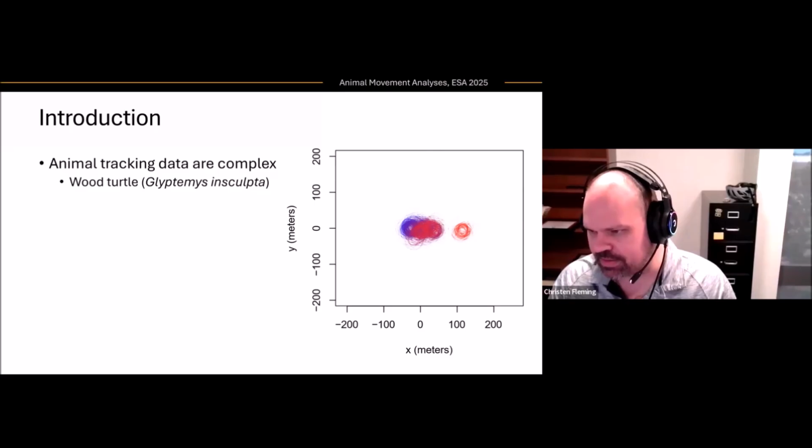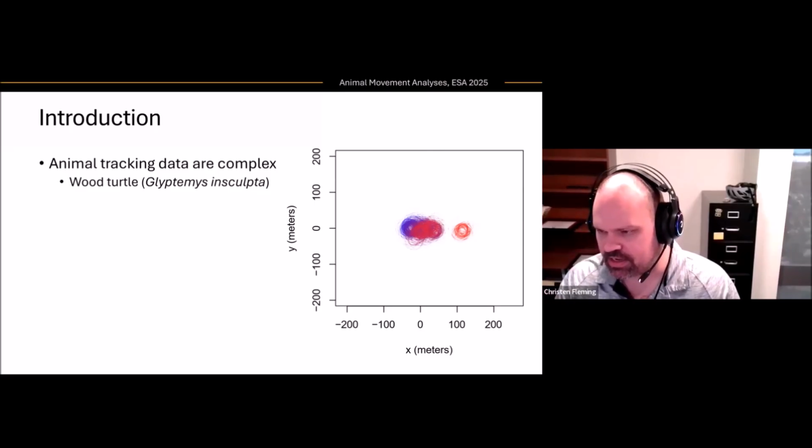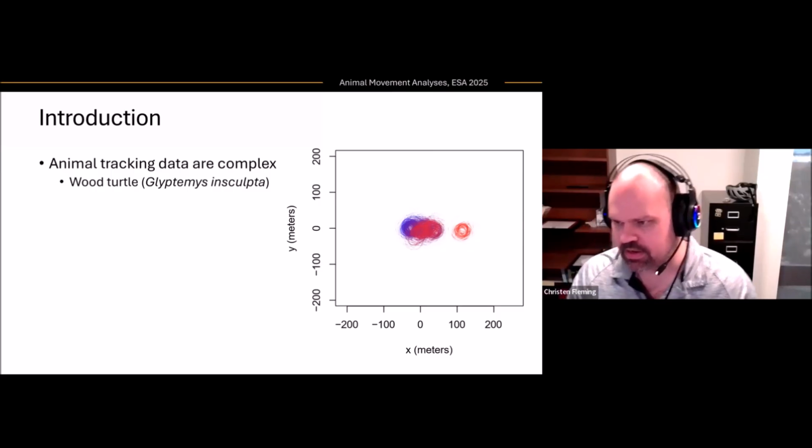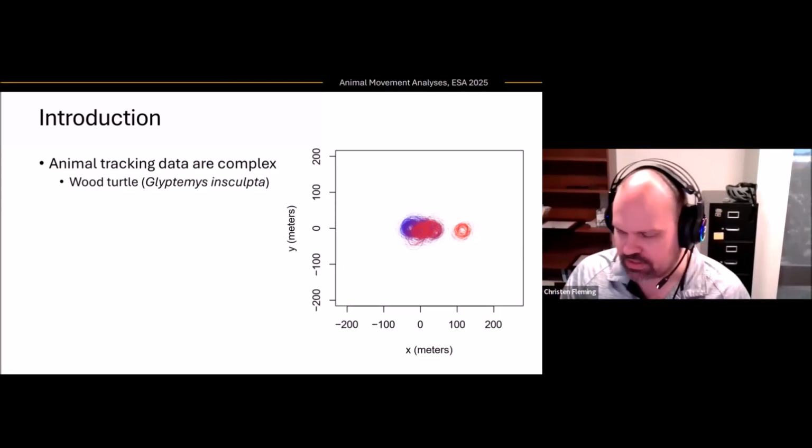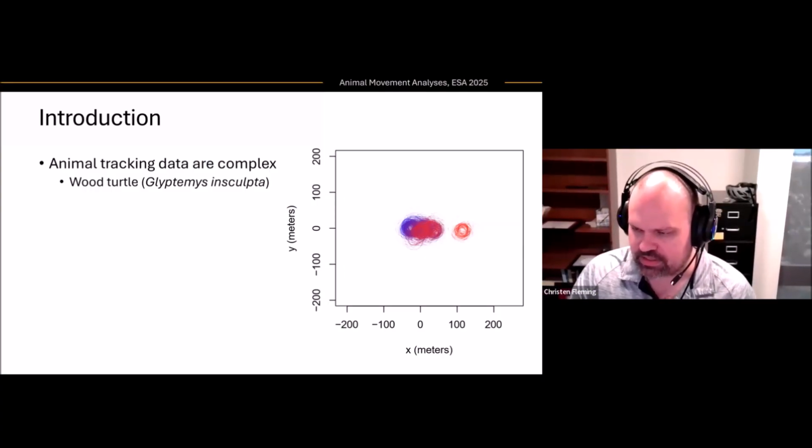And I colored them by time so you can get a sense of how the turtle is moving around as it's being tracked. And in this case, the turtle's movement is not that much greater than the actual location error on the GPS device. And also you get a lot of missingness in the data here because wood turtles like to go under things. And when they go under things, you don't necessarily get any GPS signal.